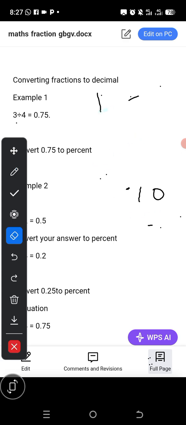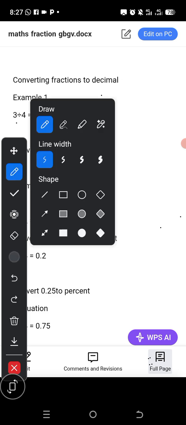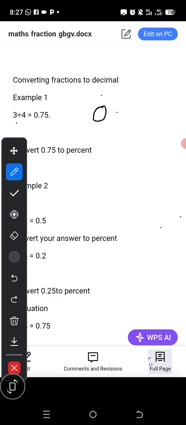Okay, now that we are done with converting fractions to decimal, we can also convert decimal into percentage. The first one we solved is 0.75. To convert 0.75 to percent, you simply say 0.75 multiplied by 100.